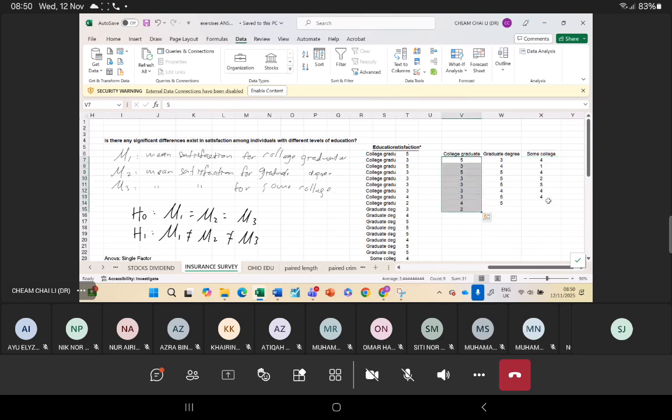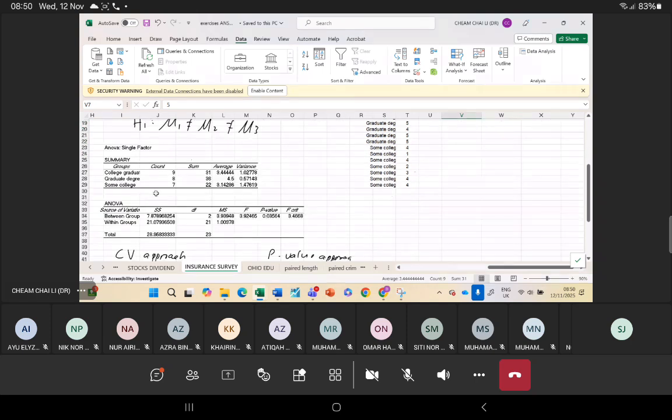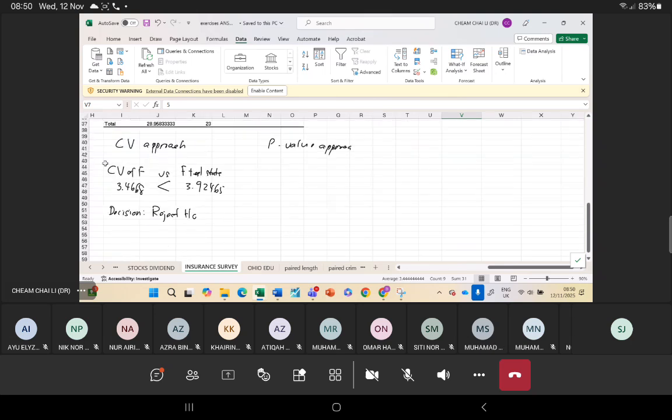Then you define your mu1 equals what, and write your hypothesis, and this is your result. From here we know the critical value and p-value both reject H0, right?